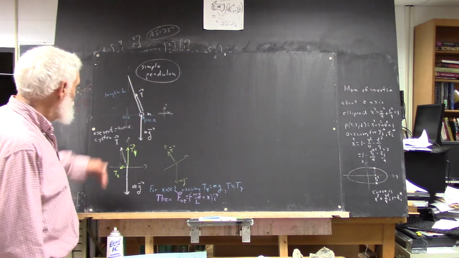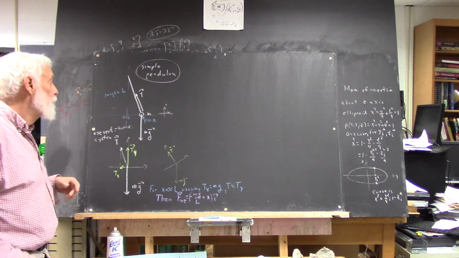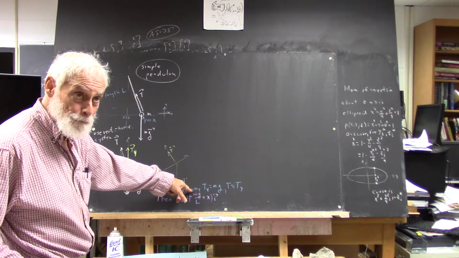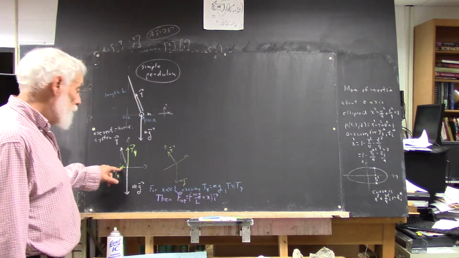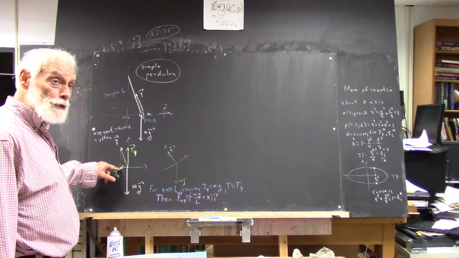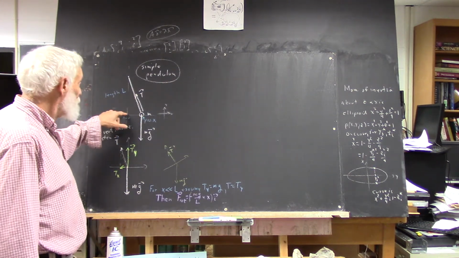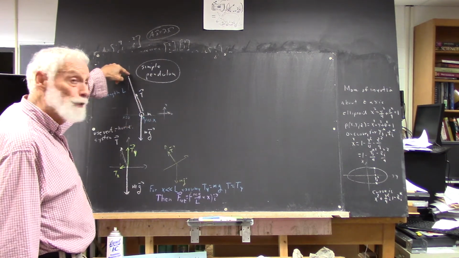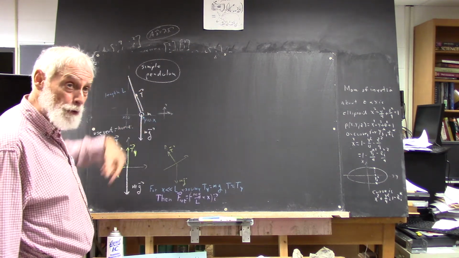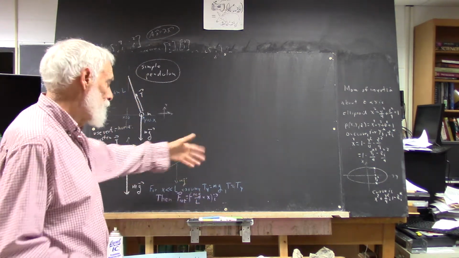So we assume that the amplitude of this thing is small enough that this approximation makes no significant difference, okay? In that case, Tx is this leg of a triangle with hypotenuse T, and x is this leg of a triangle with hypotenuse L. Okay, meaning that Tx is mg over L times x.